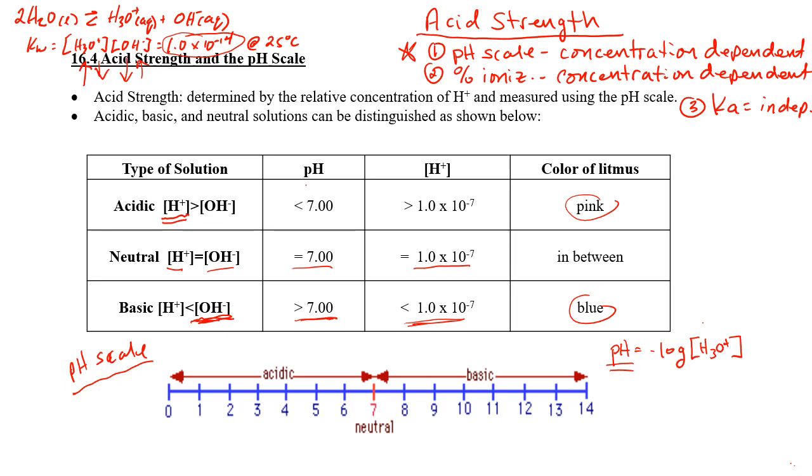Their concentrations, the concentrations of the hydroxide or hydronium, plugged into equations that generate this scale. So all you have to know how to do is how to calculate the pH. Now, this scale is a little misleading. There are negative pH values under certain circumstances. We're not going to go there. I'm not going to give you those problems. We're going to be working with things that fall within the general range from 0 to 14.